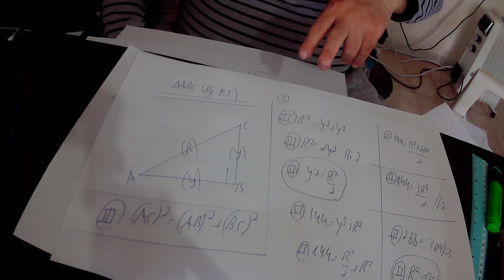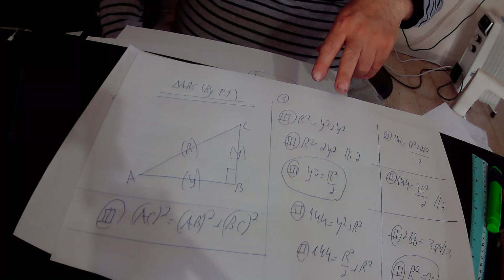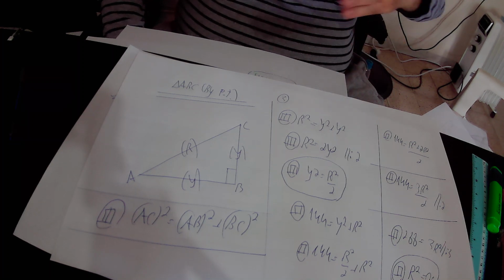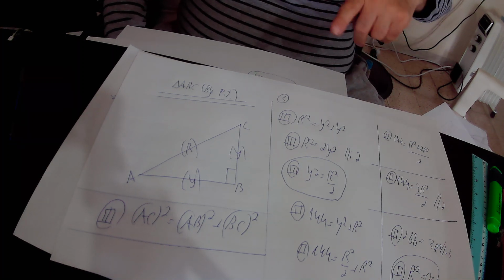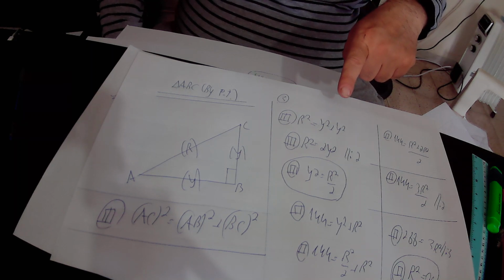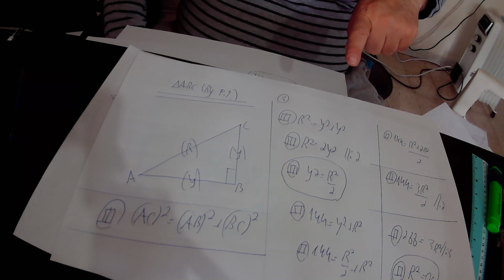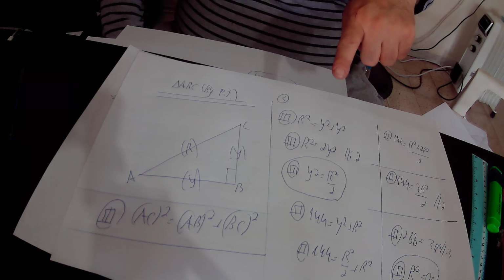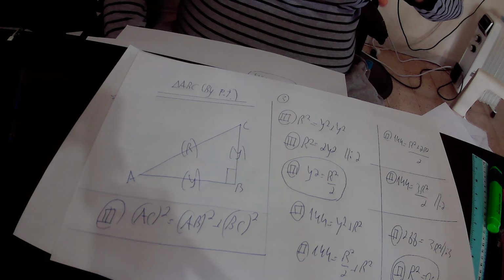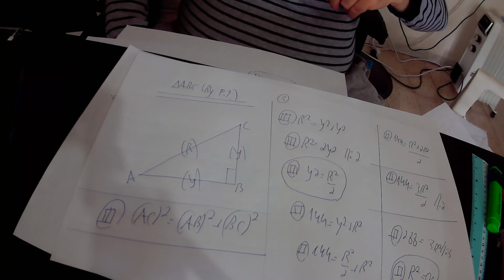So in conclusion, R square equals Y square plus Y square, that is 2Y square. So according to equation 3, R square equals 2Y square. We divided this equation 3 by 2, and finally found out that Y square equals R square over 2. This is according to equation 3.